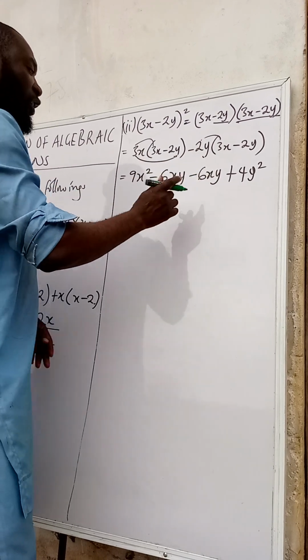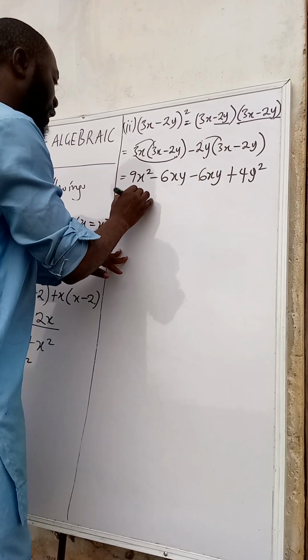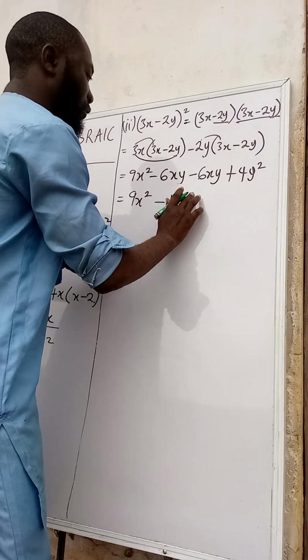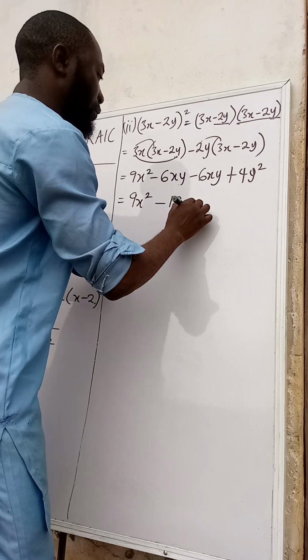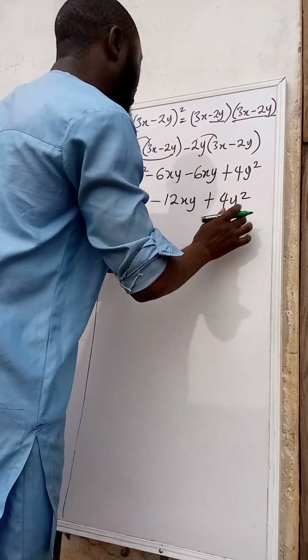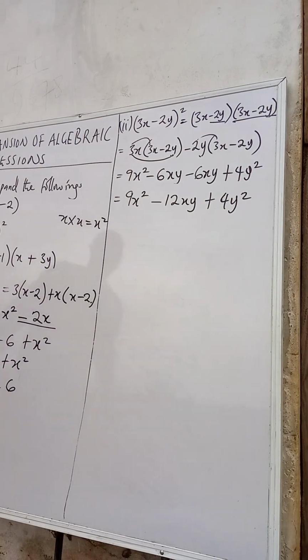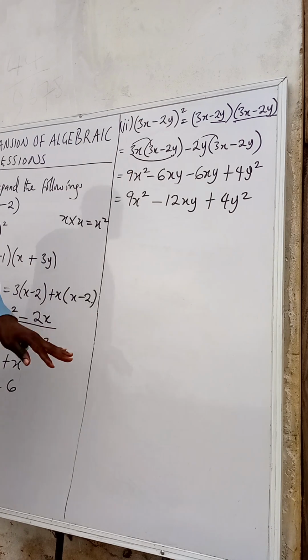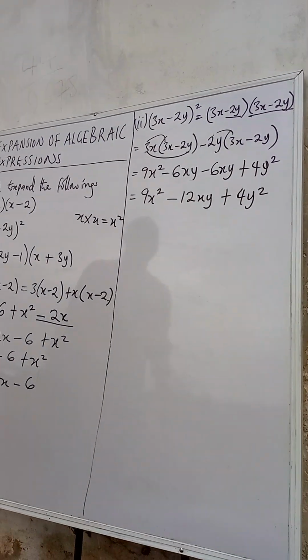So negative 6 plus negative 6, that's negative 12. So 9x squared minus 12xy plus 4y squared. And this is the expansion of (3x minus 2y) squared. So here is the expansion.